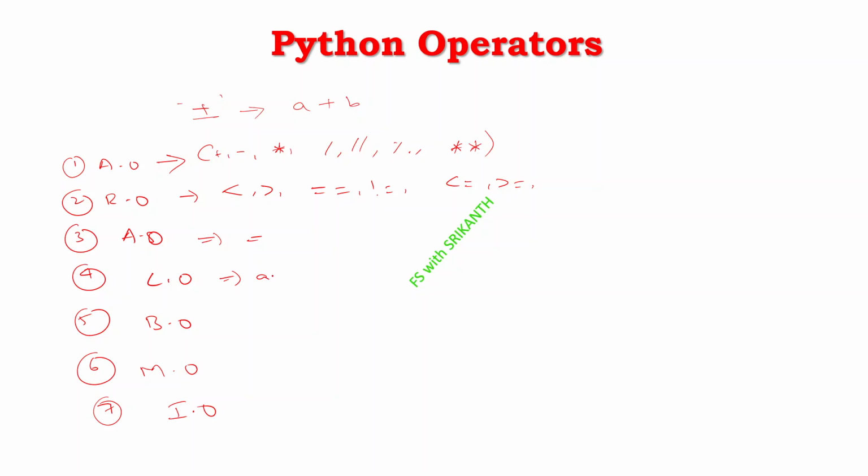Logical operators are and, or, not. Bitwise operators are bitwise and, bitwise or, bitwise XOR, left shift and right shift. Membership operators are in, not in, and identity operators are is and is not. We are going to cover all these operators practically.